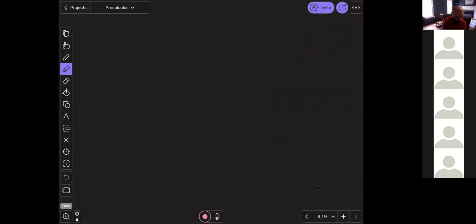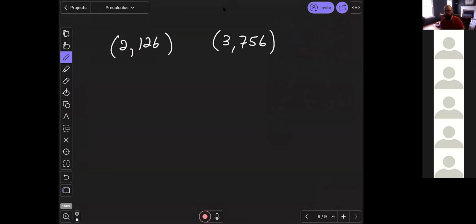Okay, so the information that we are given is that we want the exponential function that passes through the point 2, 126, and the point 3, 756. The way you could interpret this data is something like, after 2 days, I had 126 objects, cases, or something like that, and then after 3 days, I had 756 cases.